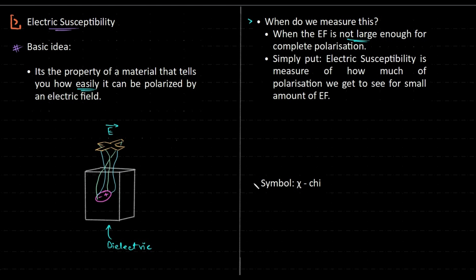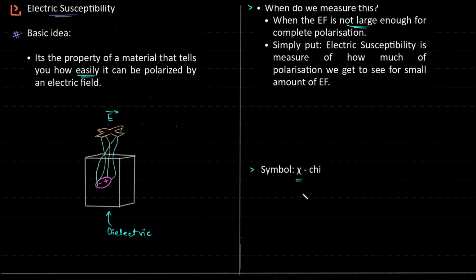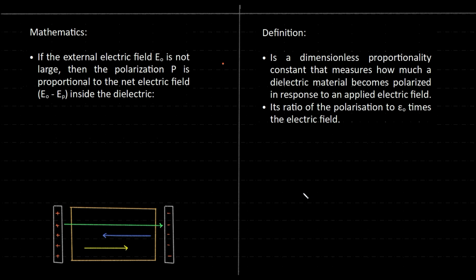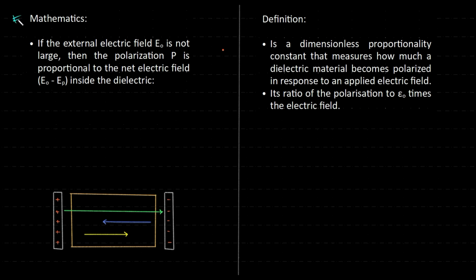Okay, guys. Now, what is this symbol? Chi. That's how you represent your electrical susceptibility. Of course, there is math to it. If we have an external electrical field, say E naught, which is not large, then the polarization P is proportional to the net electrical field inside the dielectric.